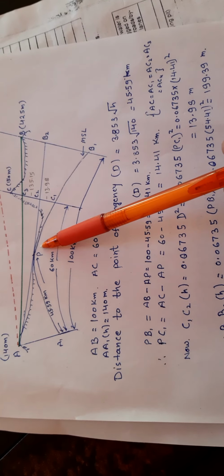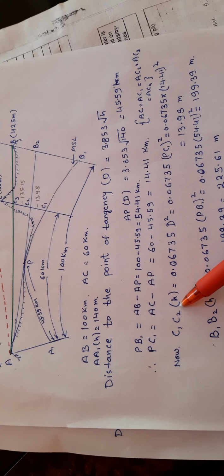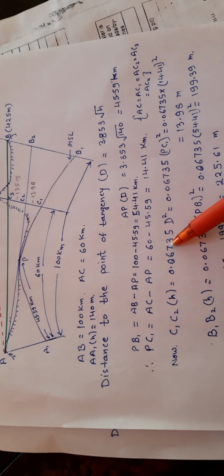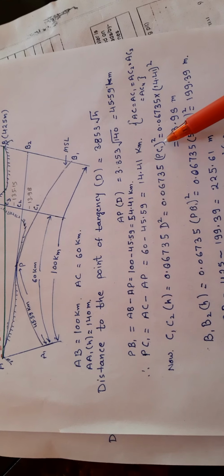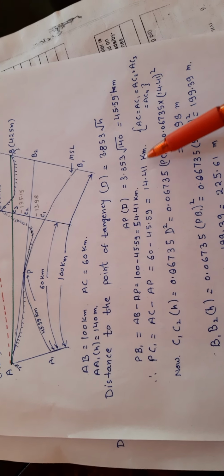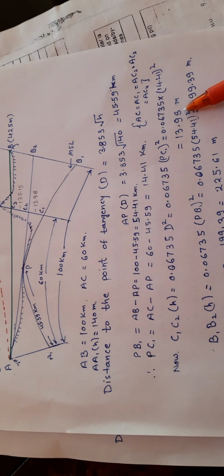We consider all these values equal. Now C1, C2 by the formula 0.06735 D square. We put the value of PC1 here. PC1 is this value 14.41 and we get 13.98.